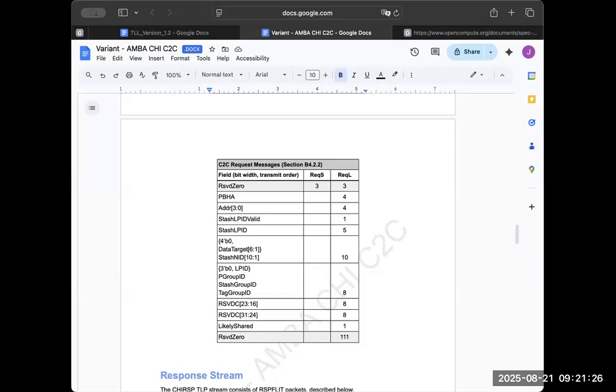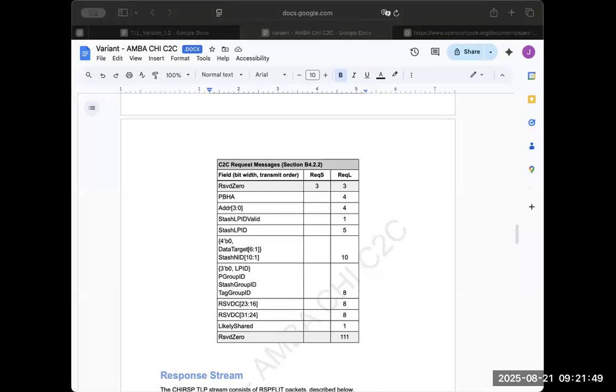Yeah. Actually, my point is that I don't think we should require a transaction layer to open up the protocol packet to find out if there's a credit there, right? So we shouldn't be using whatever credits are communicated within the C2C packet.